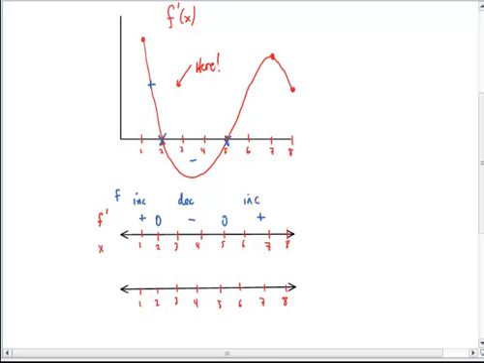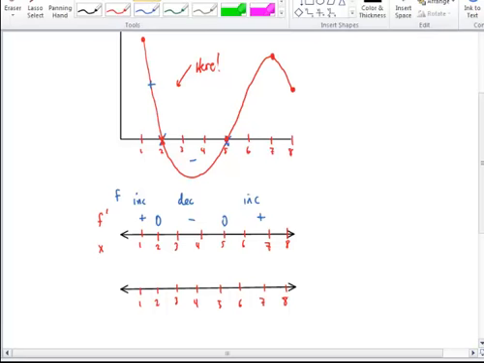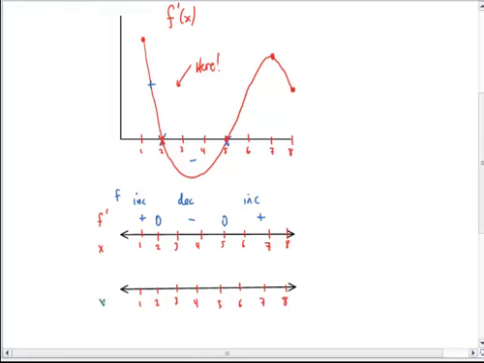The next number line I'm going to construct will deal with the second derivative. I'm going to change the color of the ink for the second derivative, and I'll put x and f double prime of x. So this number line is the second derivative, and this number line is the first derivative.